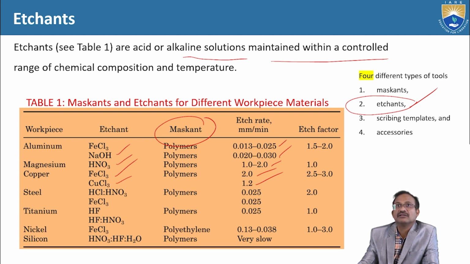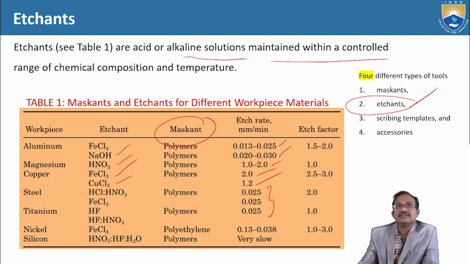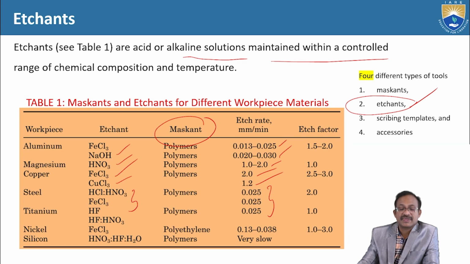However, here we can see very close etch rates in terms of millimeters per minute for steel and titanium with different etchant materials. For HCl and HNO3 it is 0.025 millimeters per minute.